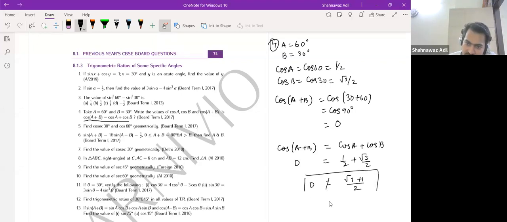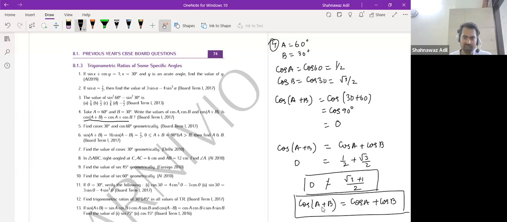That means cos of A plus B is not equal to cos A plus cos B. This is not a multiplication. Always remember that this is not a multiplication. We cannot write cos A plus cos B. These values will be totally different. This was the purpose of this question. Understood? Amar, Shaima, and Shoaib, understood?